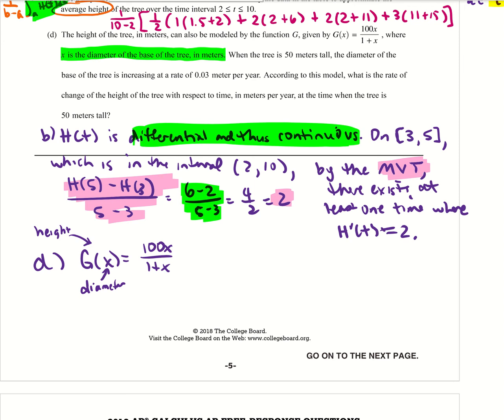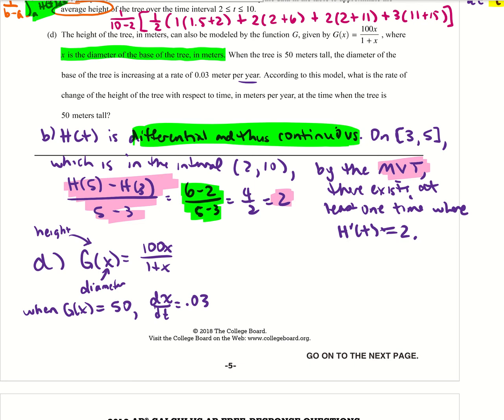And so that's kind of an interesting idea. So when g of x is equal to 50, the rate of change of the diameter, remember x is the diameter, is increasing at a rate of 0.03 meters per year. This is with respect to time. We don't even have time in our equation, so that's really interesting. Okay, so that's a surprising thing.